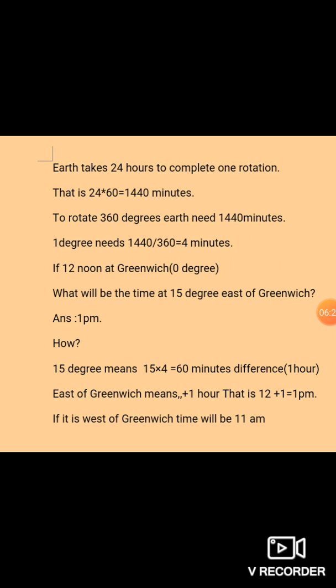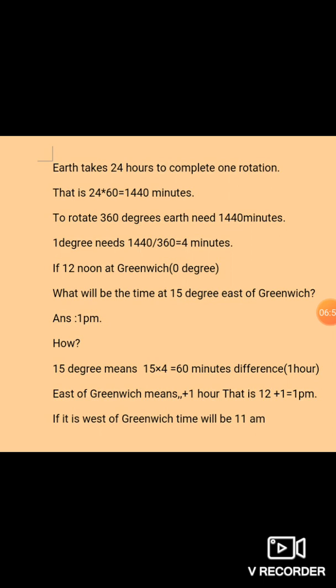So each place in India follows a standard time. That is, India follows Indian Standard Time, which is 5 hours and 30 minutes ahead of Greenwich time. In India, the longitude of 82.5 degree east is treated as the standard meridian.